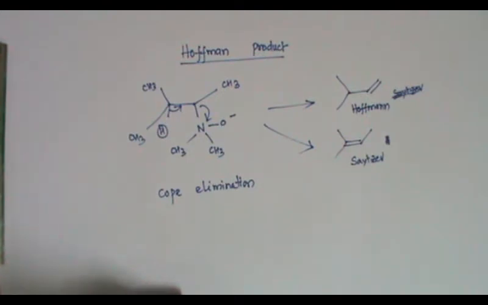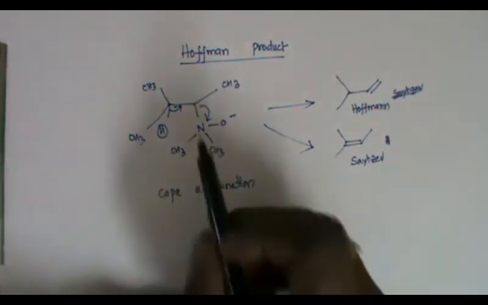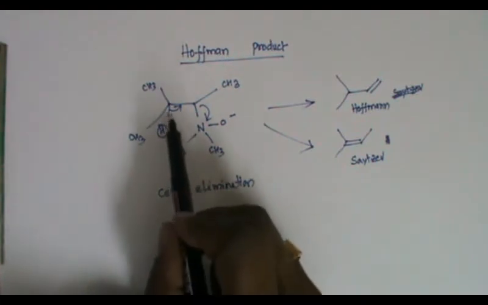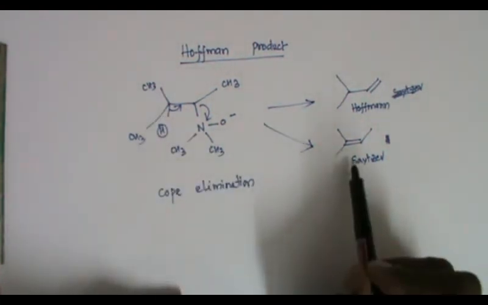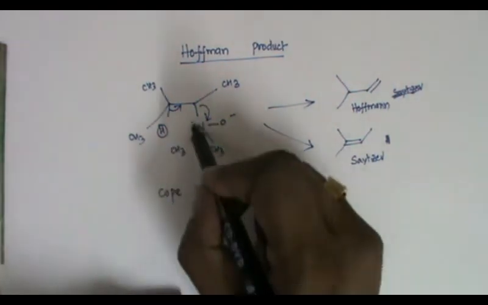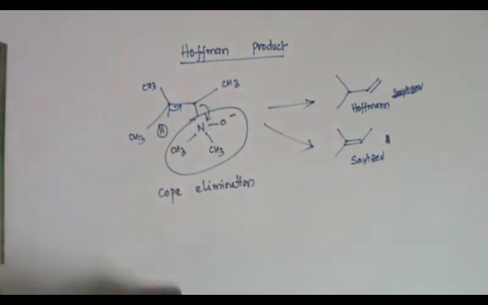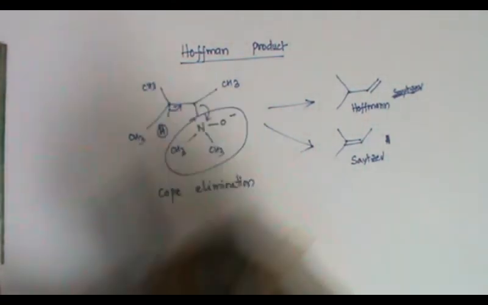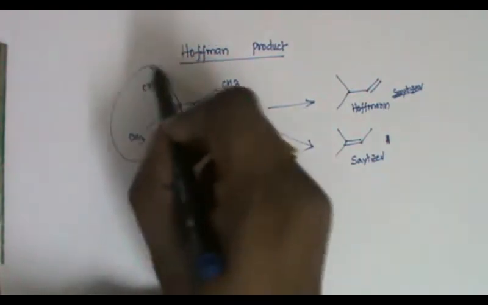What is the reason? Saytzeff focused on the stability of the olefin. But in Hoffman, we go for steric hindrance also. Even though this olefin is highly substituted and more stable, since this group is bulkier, this may not be able to take this hydrogen, which is again bulkier.